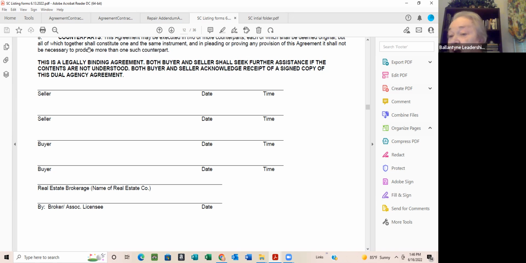If you're not going designated agency, you are the individual, you're going to work for the seller and you're going to work with the buyer. This would be the form that you would need to get signed. This form is only needed when it's you being the individual who's going to work both sides.